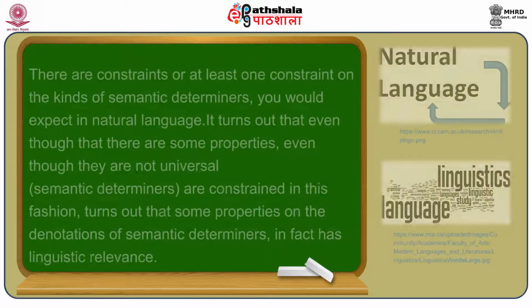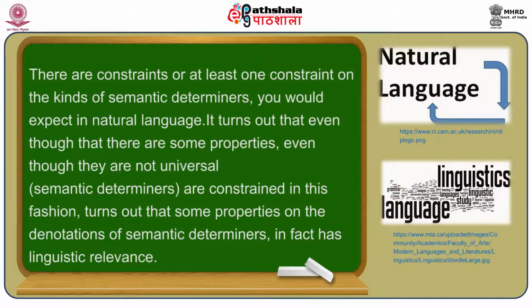Now, there have been some proposals in this direction. This comes from the work of many people, both logicians and linguists, who have proposed that there is at least one constraint on the kinds of semantic determiners you would expect in natural language. That's number one.